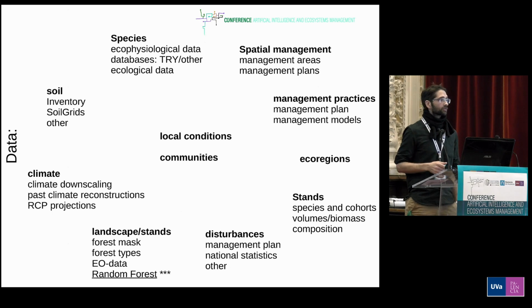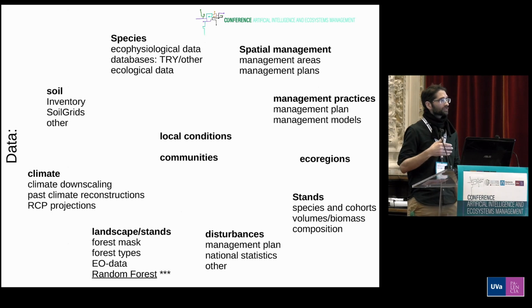Random forest has a crucial role there. I found that this is a very good tool for predicting landscape features. If you have good information, you can predict forest types, you can predict many things. So it really works there, and it really works well. But this is the picture.